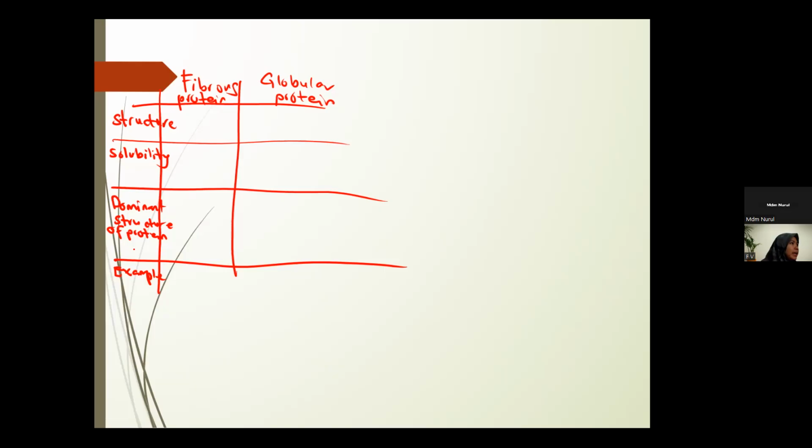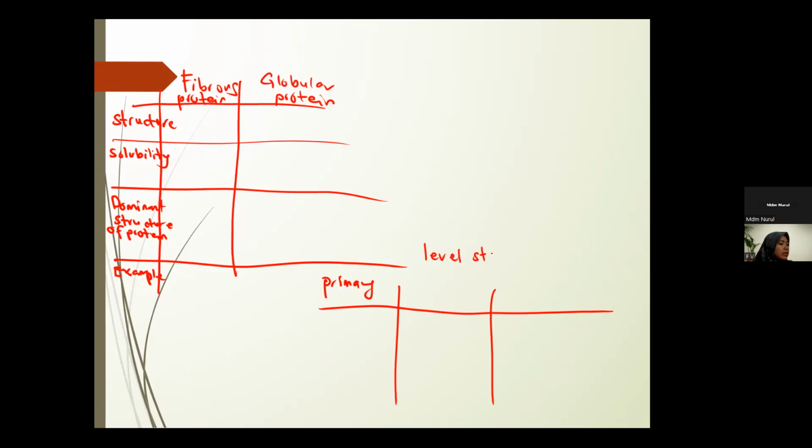Alright. Boleh? Okay. And make your own short notes for you to compare primary structure. Ni pasal table level structure of protein. Okay.